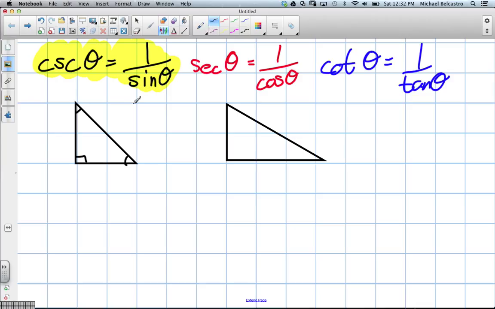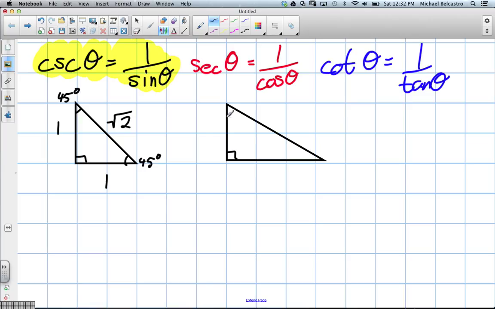Now, this triangle here is an isosceles triangle, which means the angles are both going to be 45 degrees. All of our special triangles, or the two that we're going to remember, are both going to be right angle triangles. They have a special ratio. So usually it's represented as this side length being 1, this side length being 1, which would make the hypotenuse root 2. Okay?